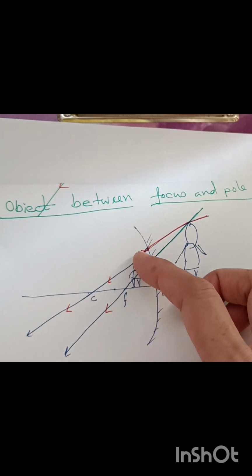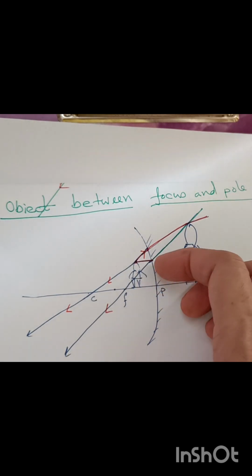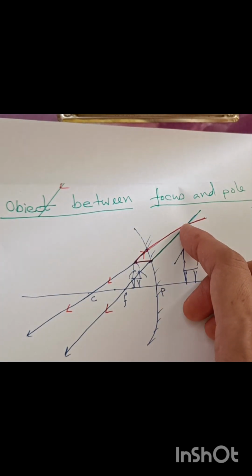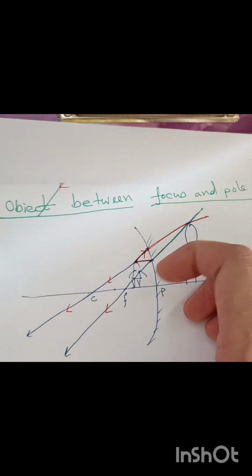If we extend the rays to the other side of the mirror, they will meet, and an image will be formed inside the mirror.